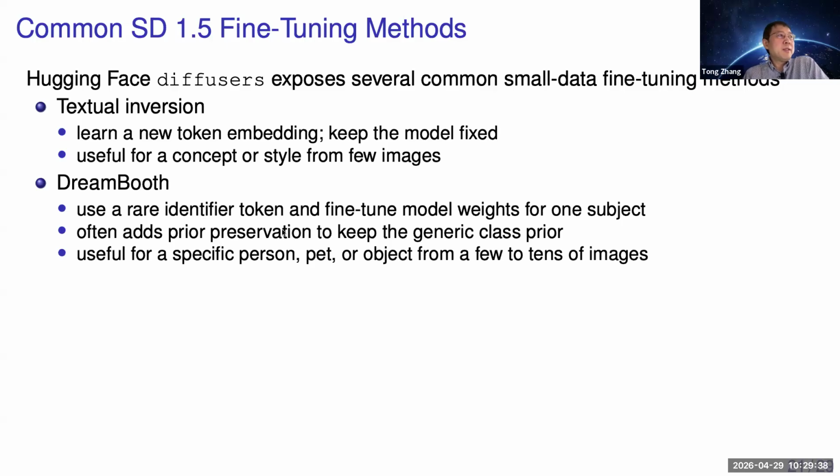DreamBooth with a rare token is again similar. You also add a token. Usually it is used for a subject. For example, if you want to generate a particular cartoon figure, the Stable Diffusion probably either never saw that or it's not strong enough in your training data.